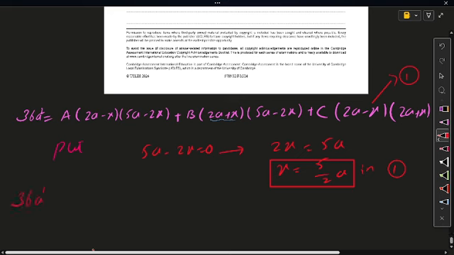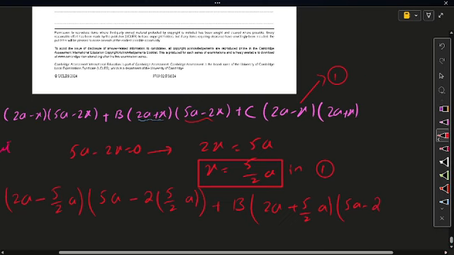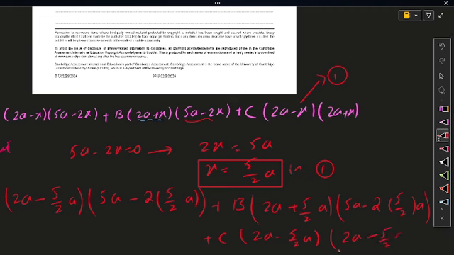It reduces to 36a square, which is equals to a times 2a minus 5 by 2 of a times 5a minus 2 times of 5 by 2a, plus b times 2a plus 5 by 2 times a times the other factor of b, that was 5a minus 2x, so it becomes 5a minus 2 times of 5 by 2 times a, plus c times 2a minus 5 by 2 times a times 2a minus 5 by 2 times of a.